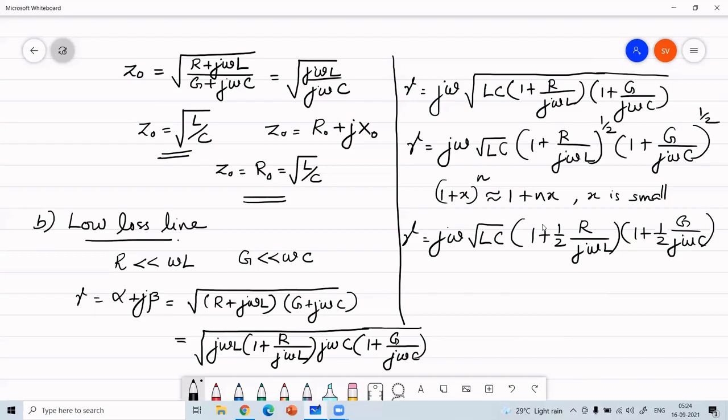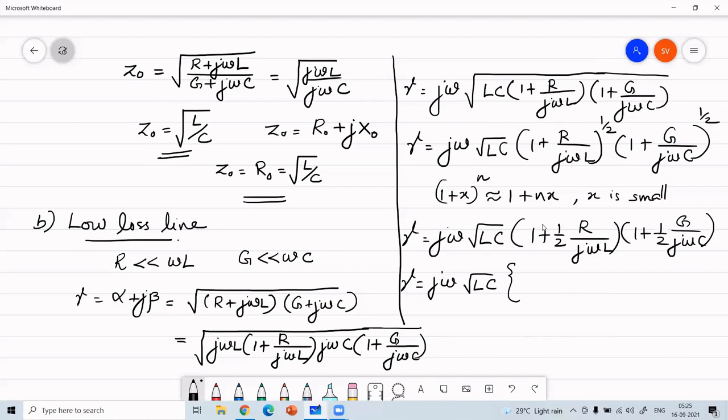Now gamma is equal to j omega into root LC, the whole into these two terms can be multiplied.